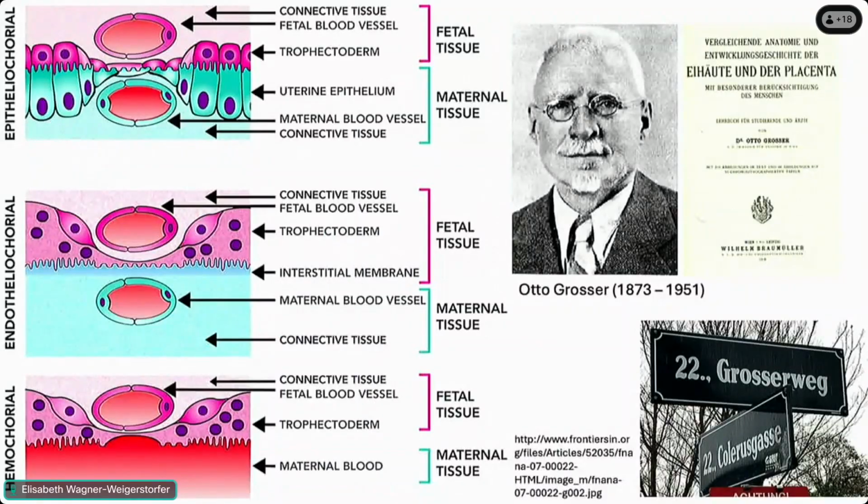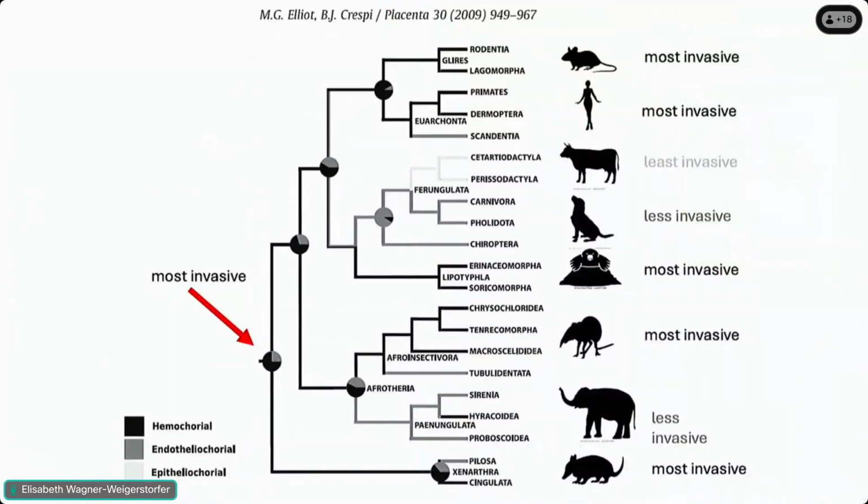And then there's an intermediate form where the luminal epithelium gets eroded, but the blood vessels of the mother remain intact. It's called endotheliochorial. But as it turns out, the most invasive form of placentation is actually the one that evolved before the common ancestor of all eutherians. So the hemochorial, the most invasive form, is actually primitive for eutherian mammals.